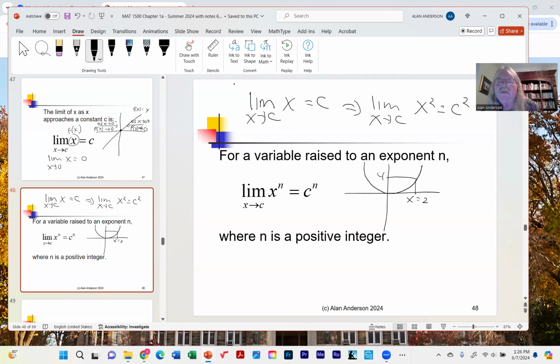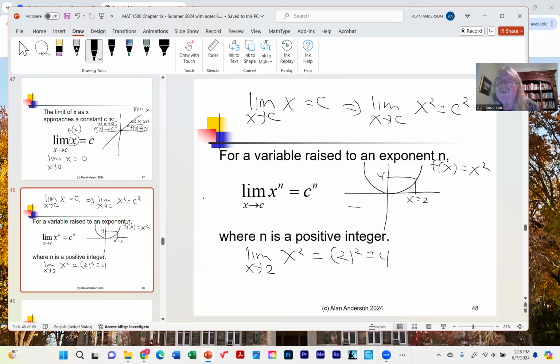And this is, of course, x squared. That tells me that the limit of this function is just 4.